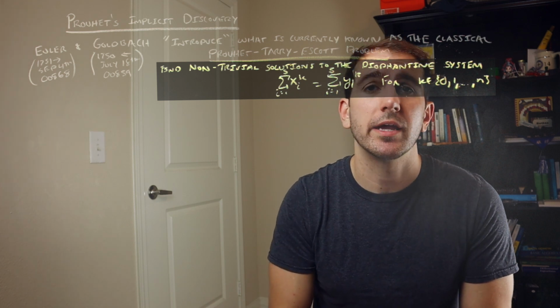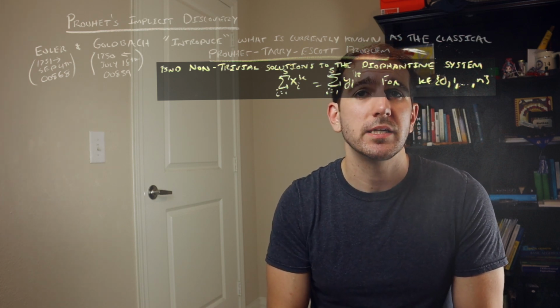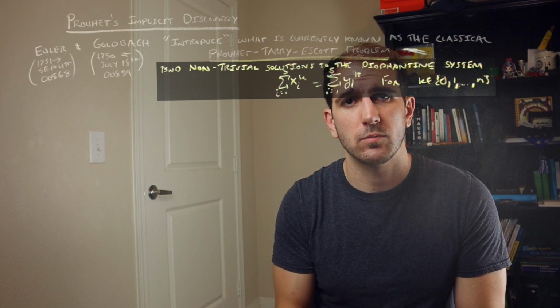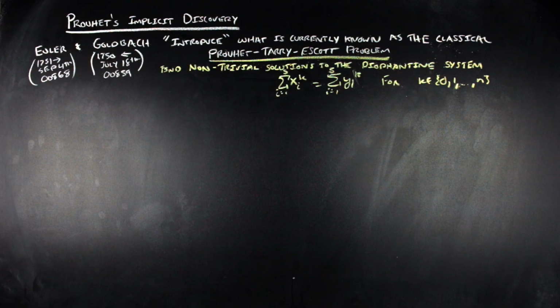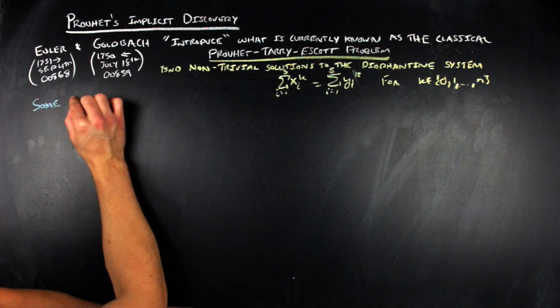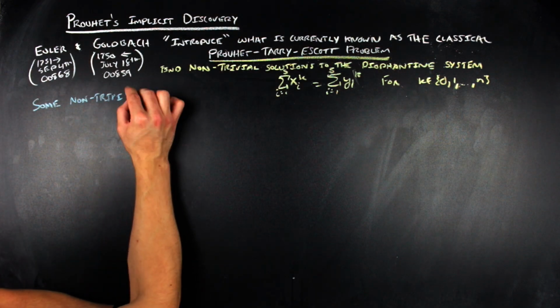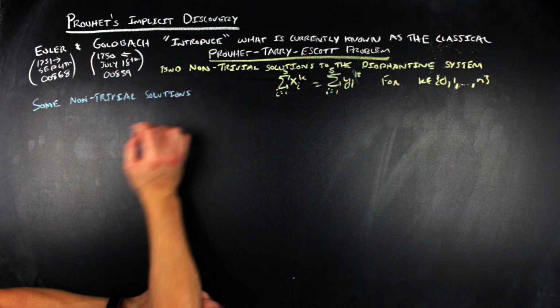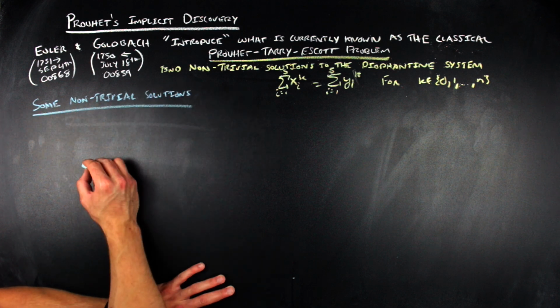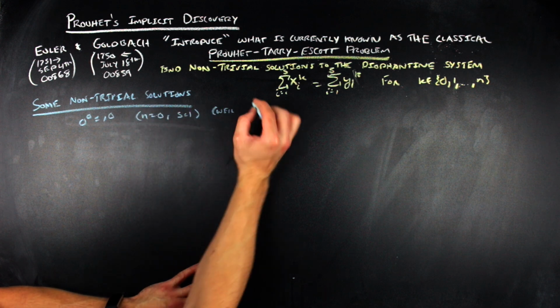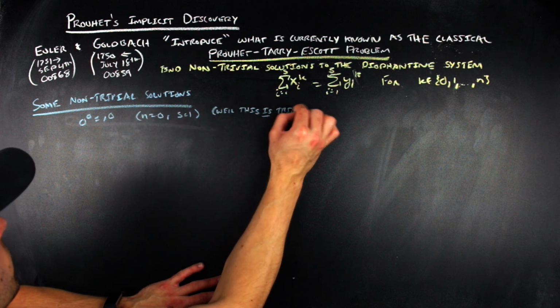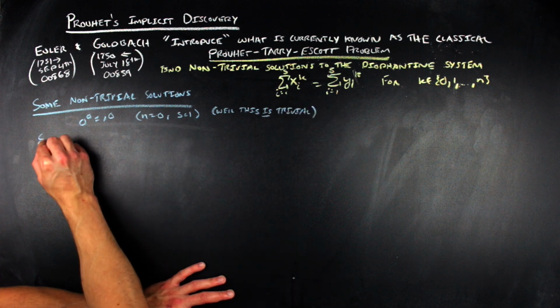And the cool thing is that you actually can, and Prouhet proves this in his original paper from way back when. So let's just look at some solutions. It's not trivial in terms of starting off the sequence of these non-trivial solutions, but it is trivial in the spirit of the problem. The first one being that 0 to the 0 is equal to 1 to the 0. And so this would be the case where n is equal to 0 and s is equal to 1.